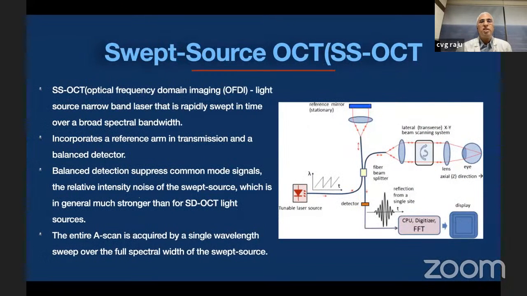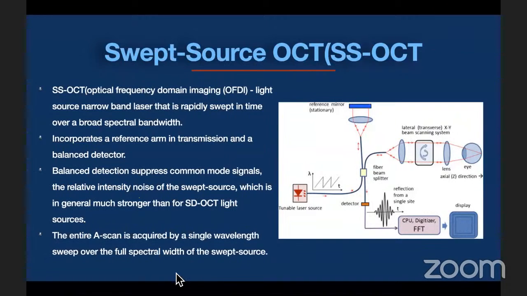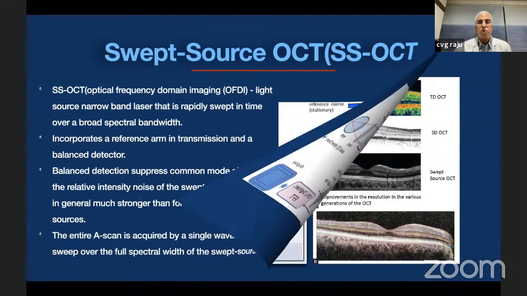Swept source OCT is mainly a narrow band laser that is rapidly swept in time over a broad spectrum bandwidth. And there are also advancements in the analysis. The entire A scan is acquired by a single wavelength, and it sweeps over the full spectrum width of the swept source.